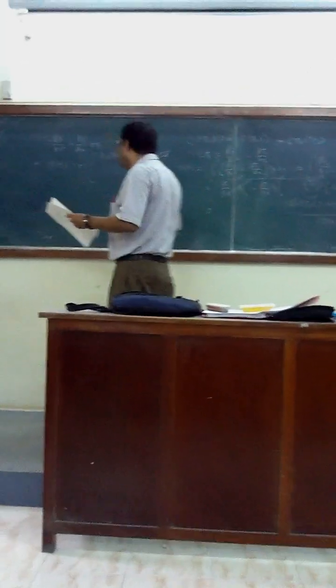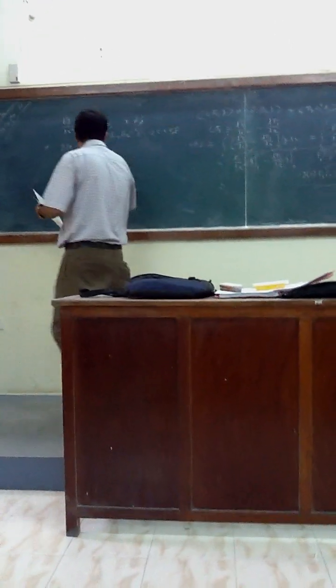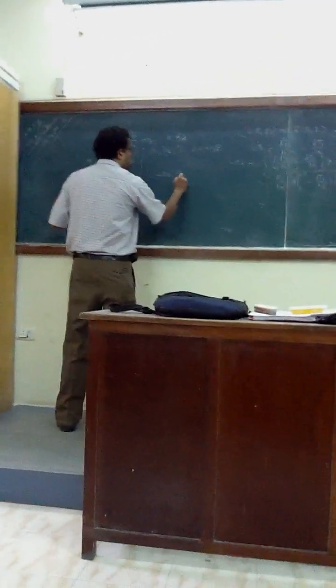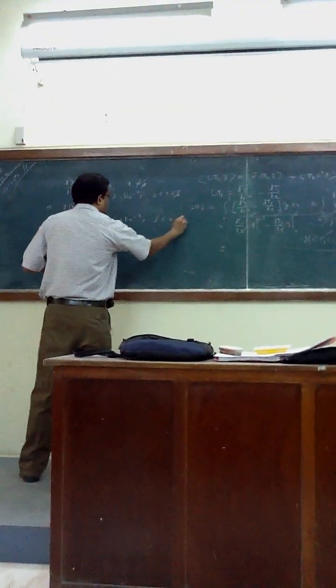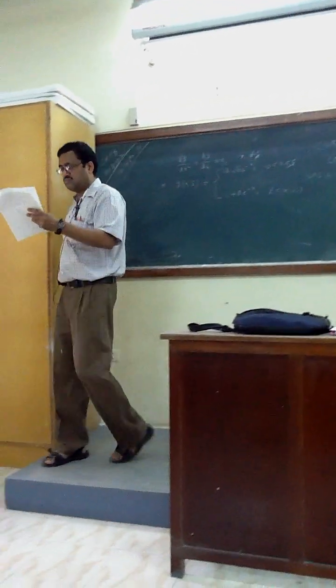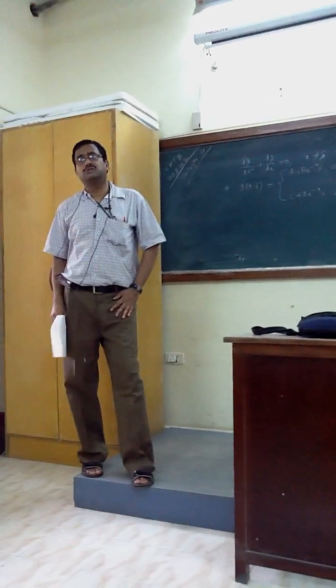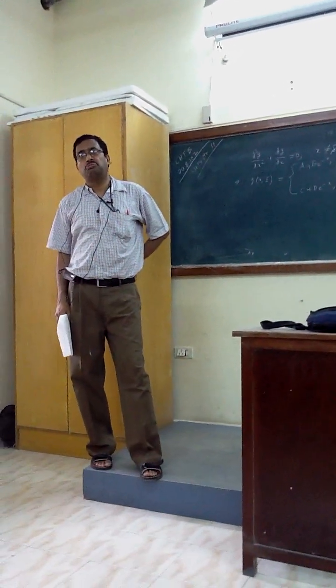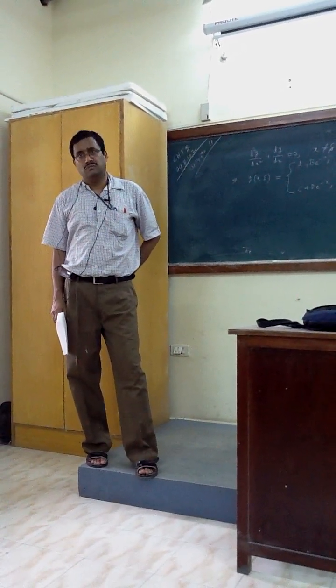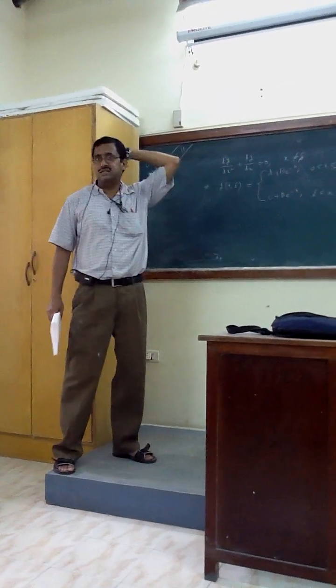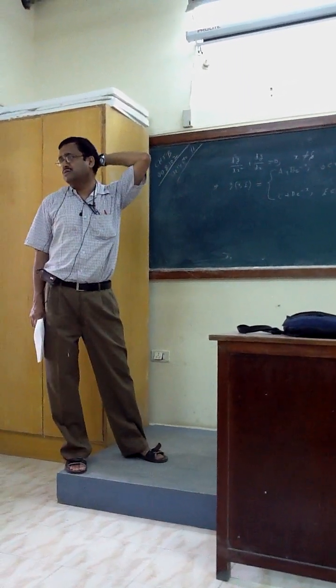Left side, right side. C plus D e to the power minus x, for z less than x. Is that clear? Yes or no? Amit? No, right? We have just discussed why it is like this. Right? Clear?